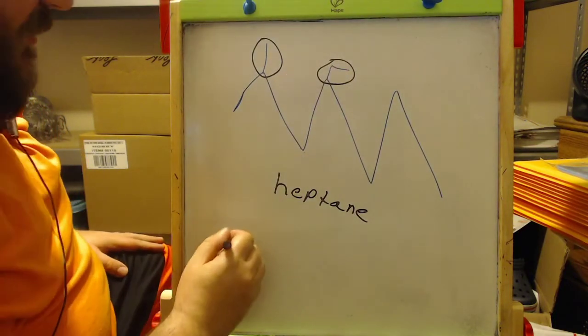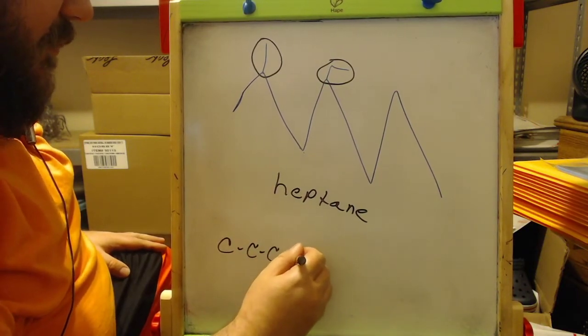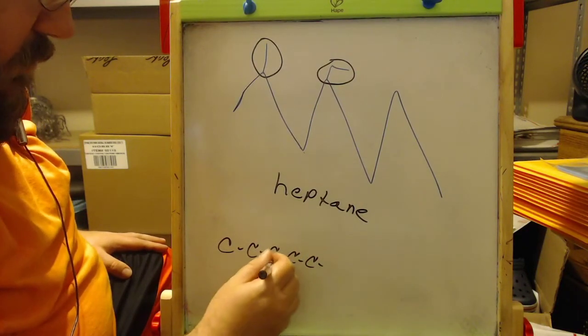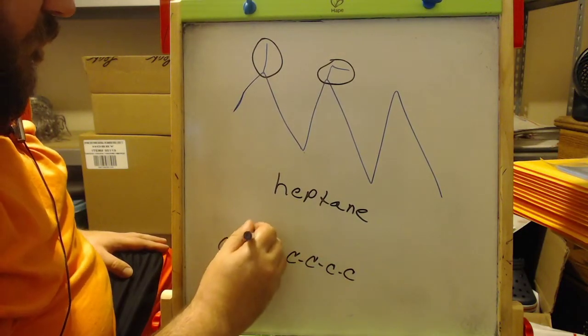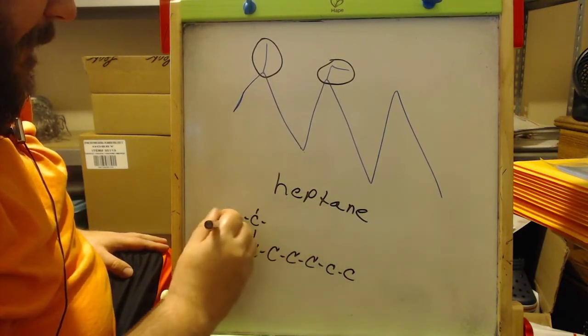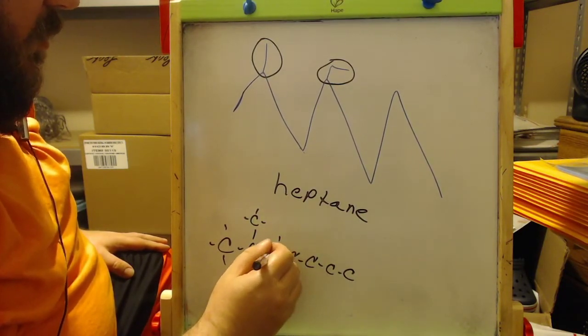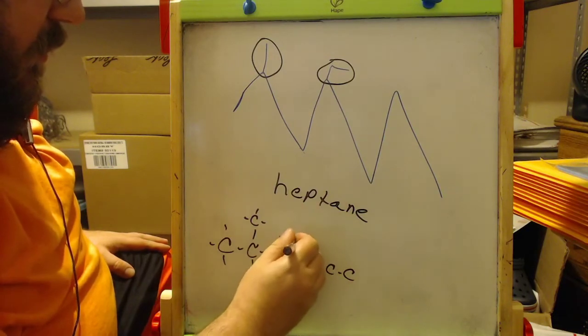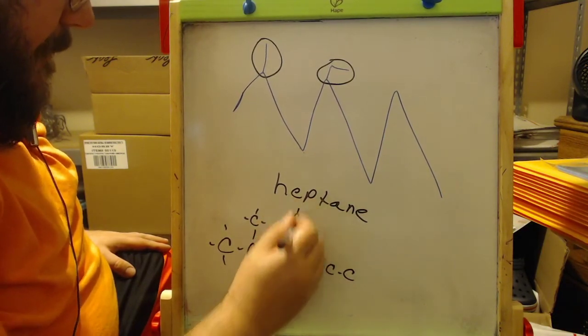And if you want to see it this way, here's what it would look like as the line structure. 1, 2, 3, 4, 5, 6, 7. Second, third, fourth. All right, right here would have this bonded to that.